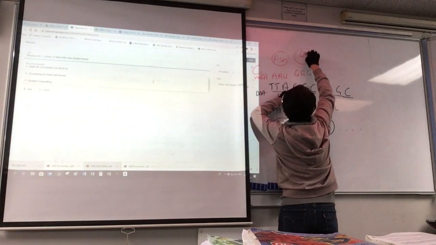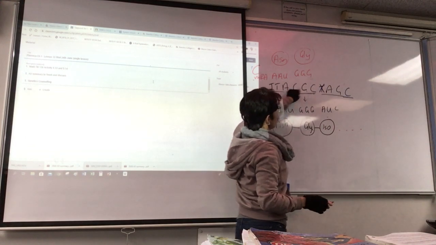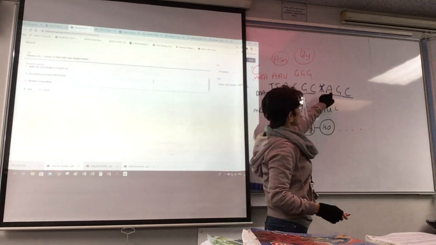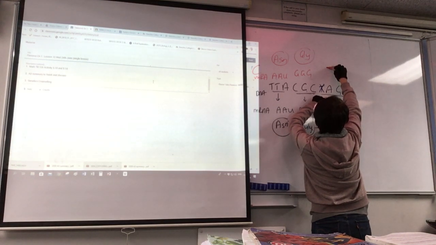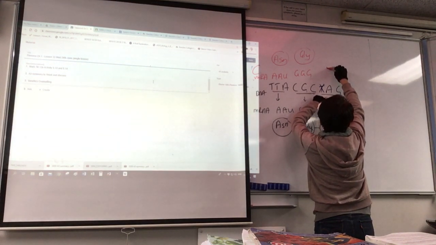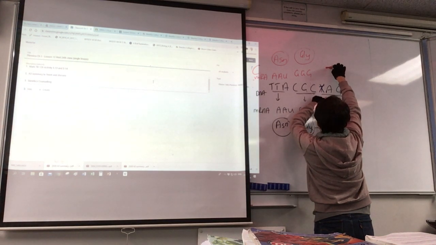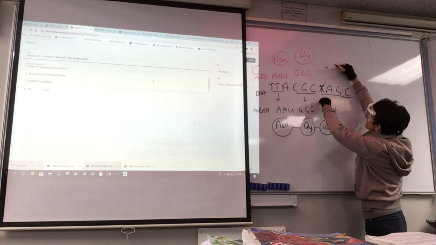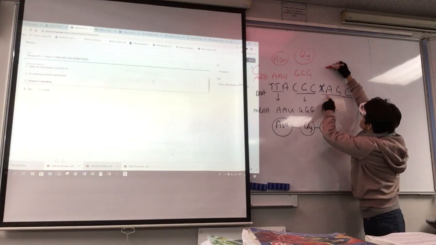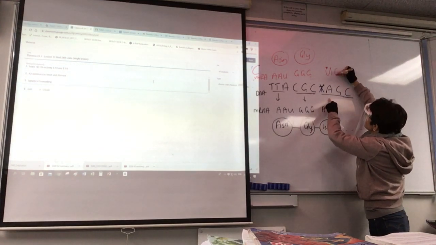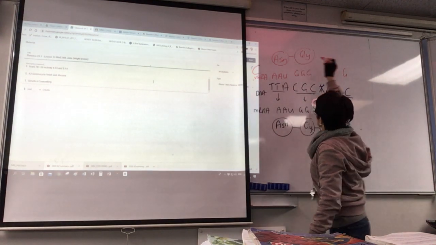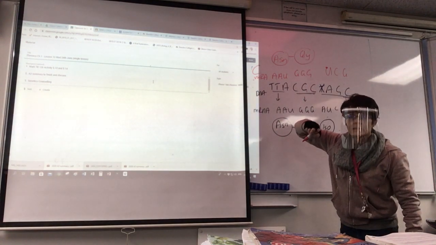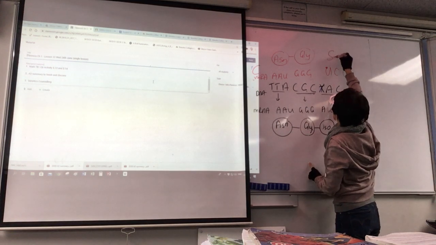What will the next one be copied into on mRNA? What will this be copied into? What amino acid will be brought in? Serine. Oh okay, I didn't read it just now.